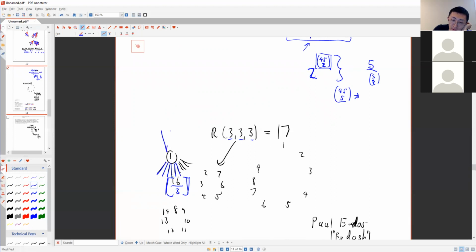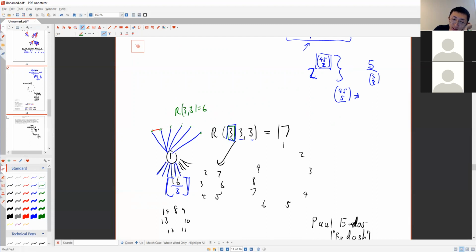If you have 6 neighbors, I'll just draw it up here. If you have 6 blue neighbors of 1, neighbors that are connected by blue edges, then among the remaining 6, you can't have any blue connections between them, or you'll have a blue K3. But then if all of these are red or green, now it's just proving R33 with only 2 colors is 6.